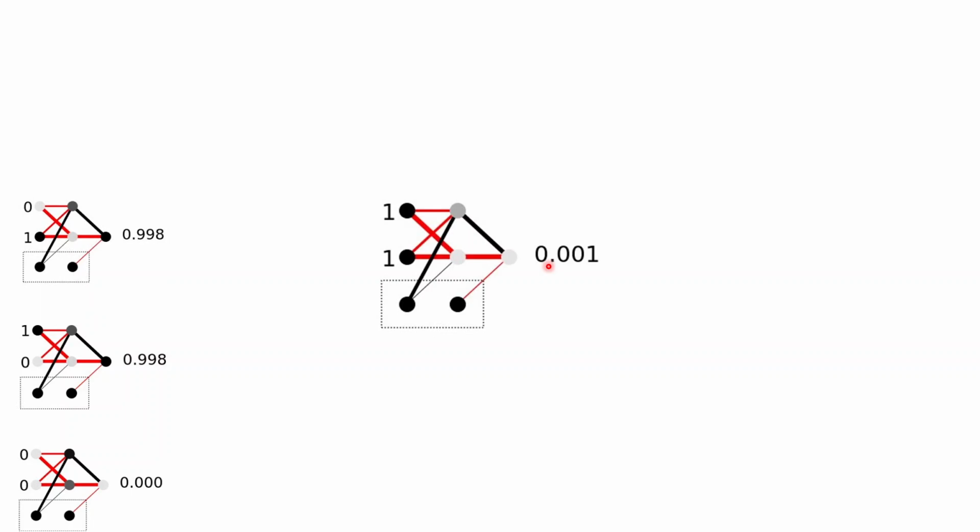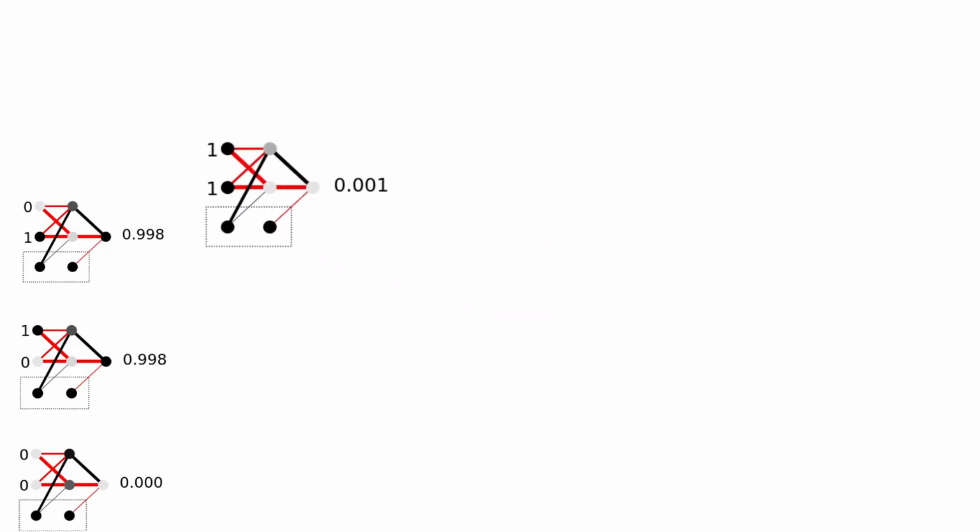The last possible input condition is a 1 and a 1. Okay, what's happening? Both these two are close to 0, which means that this addition is almost nothing, this is nothing, and this one is left over, so close to 0. And that's it.